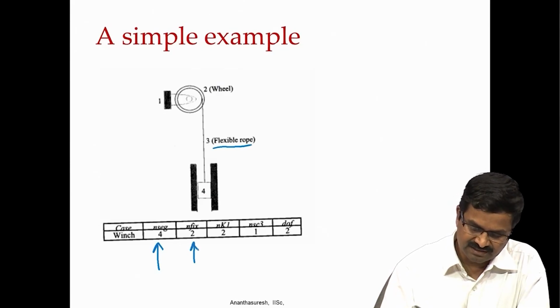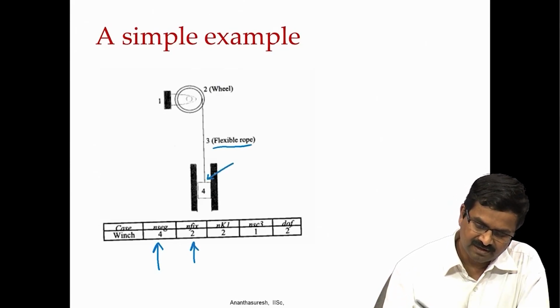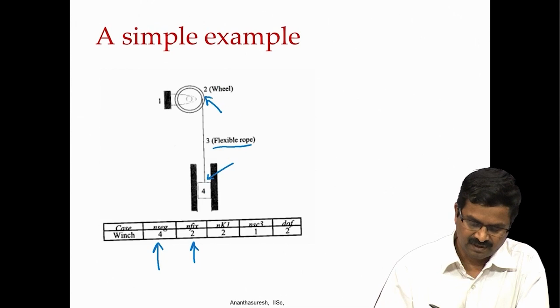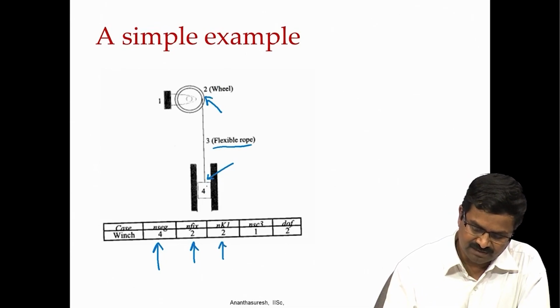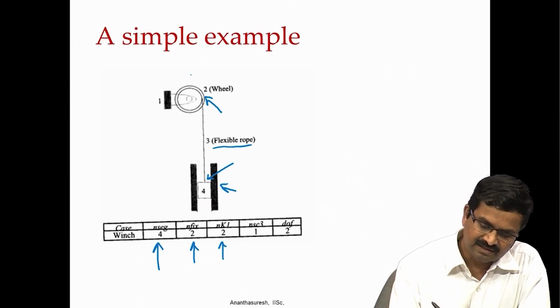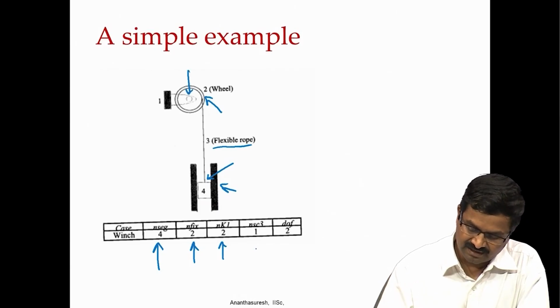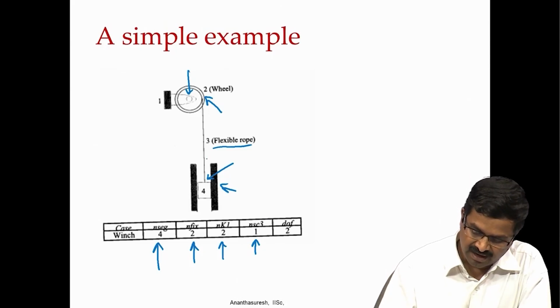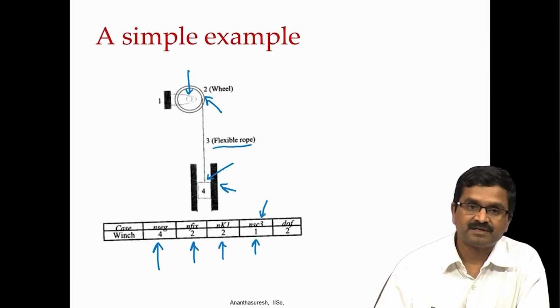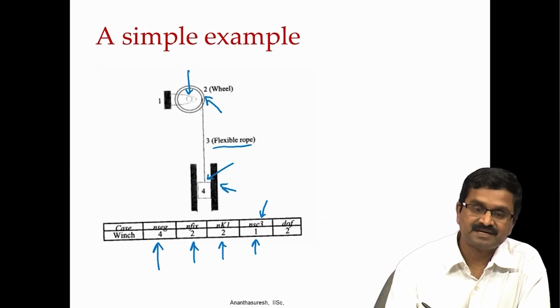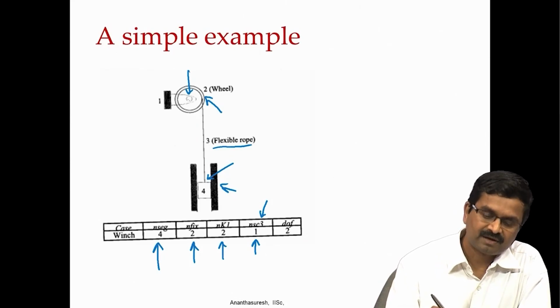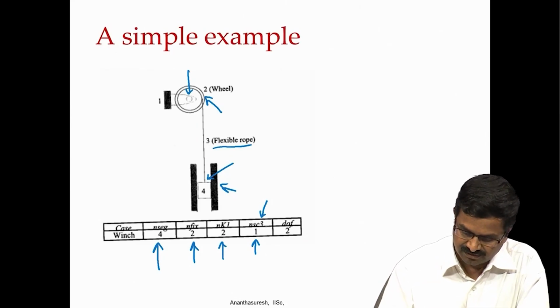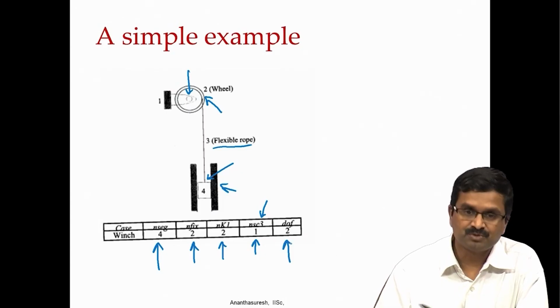Number of fixed connections, that is over here and over there, and NK2, there is a prismatic joint over here and there is a pin joint there, and then I have taken NSC 3 here as 1. The flexible rope has segment compliance of 3 because you should be able to extend here as well as go around the pulley. If you take that, you will get degrees of freedom 2.